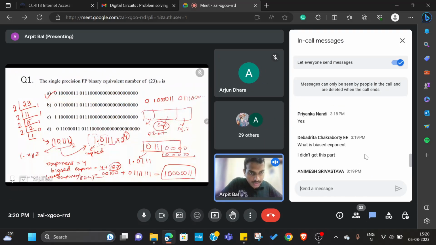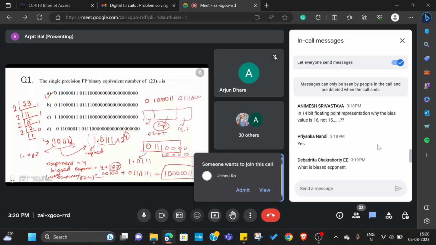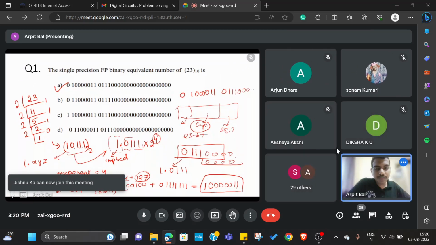Then there is another question: in 14-bit floating point representation, why is the bias 16, not 15? No, it depends on whatever bias value you take. If you define the bias that way, you can have 16.